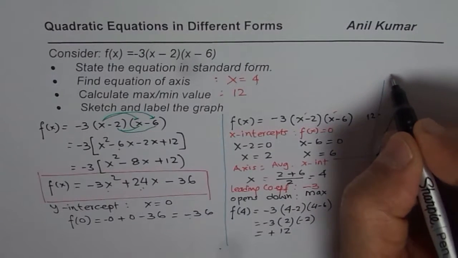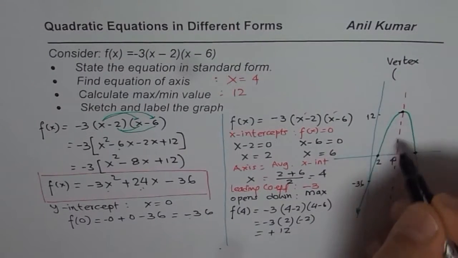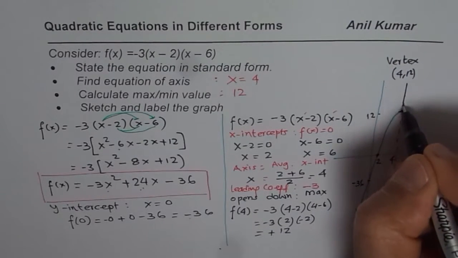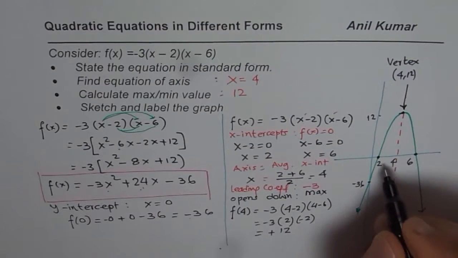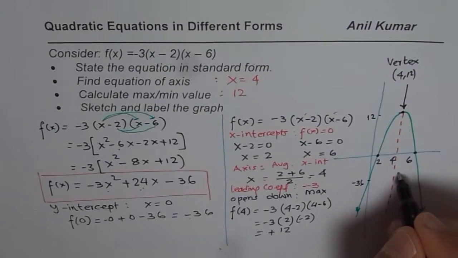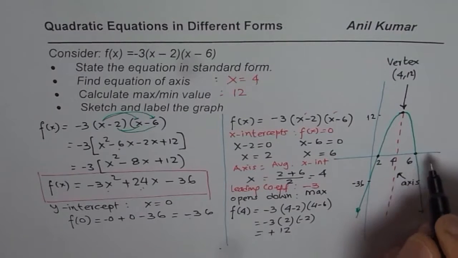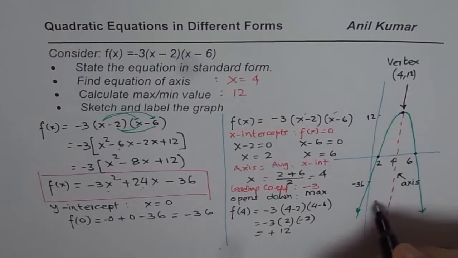This coordinate, which we call the vertex, let's label it vertex. The vertex is at 4, 12, and that is where it is, right? Now these are the two x-intercepts, and this is the axis. So we'll label this as axis. Okay, and these two are called x-intercepts.